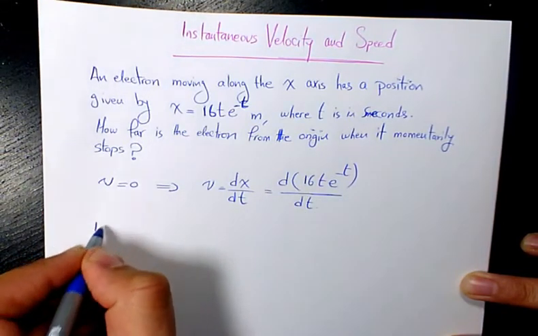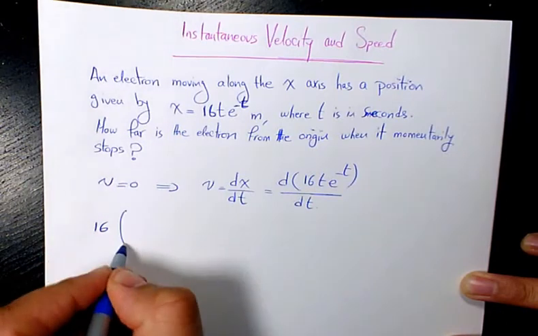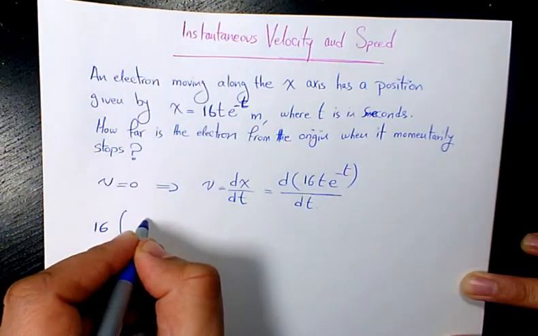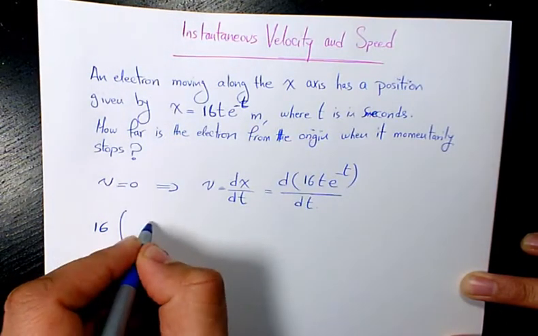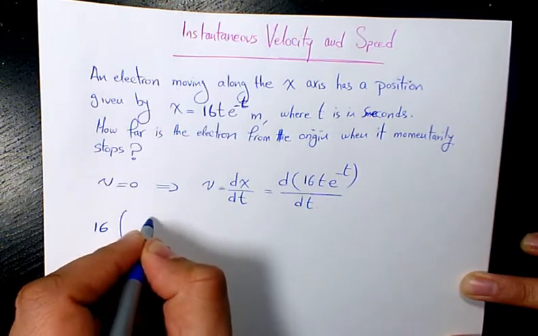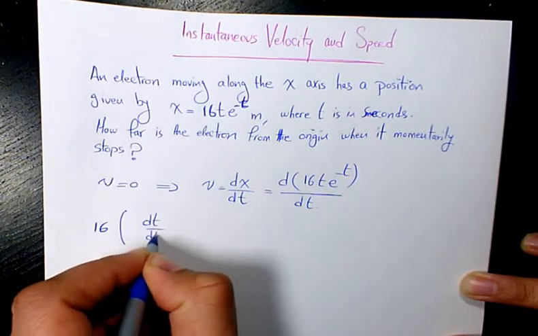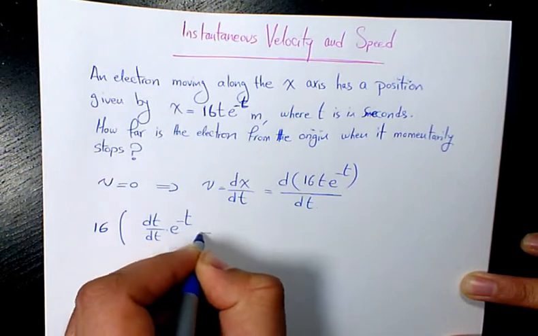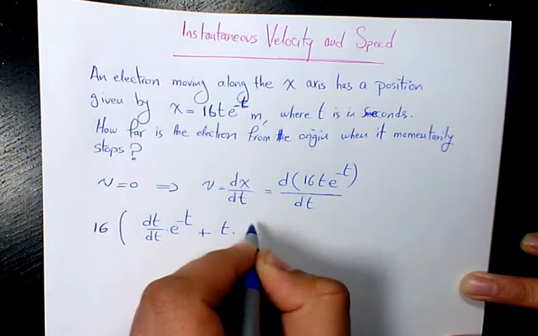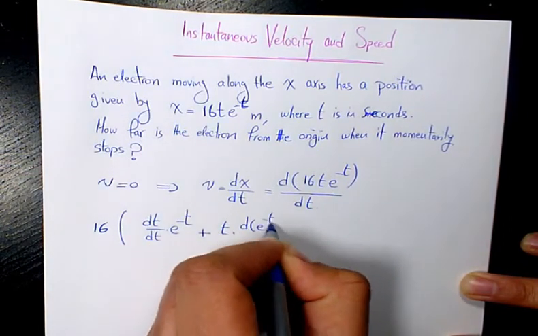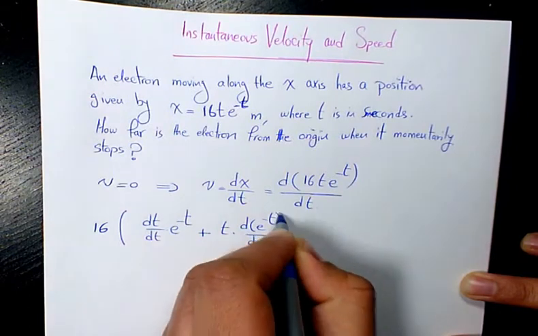I'm going to take 16 out, and after that we have the product rule: dt over dt times e^(-t) plus t times d(e^(-t)) over dt.